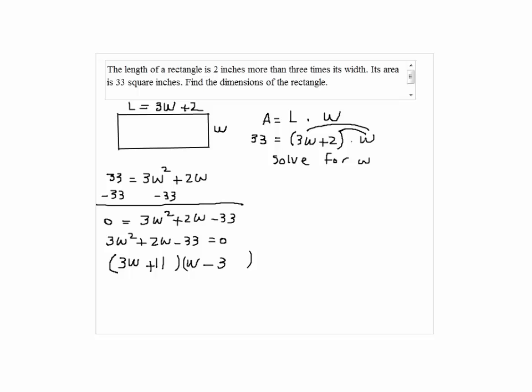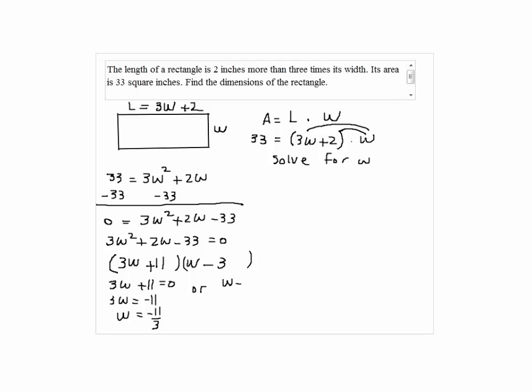So we get two solutions, 3W plus 11 equal to 0, 3W is equal to minus 11, W is equal to minus 11 over 3, which is not acceptable.